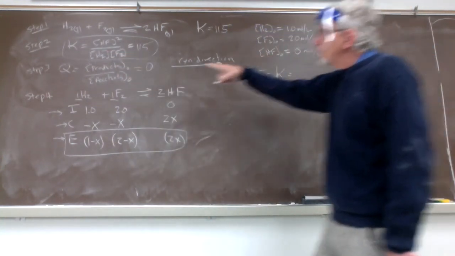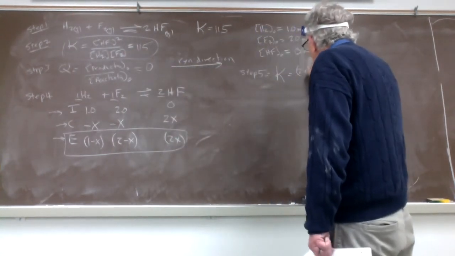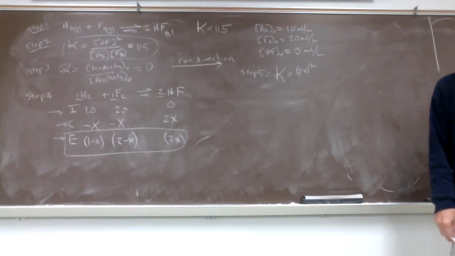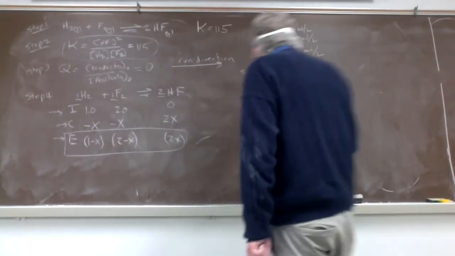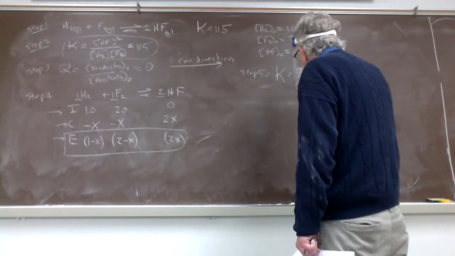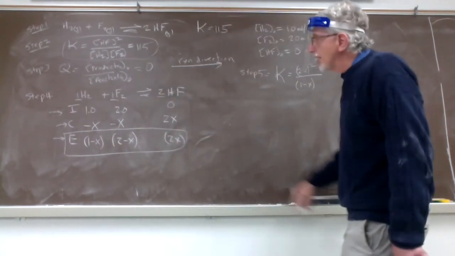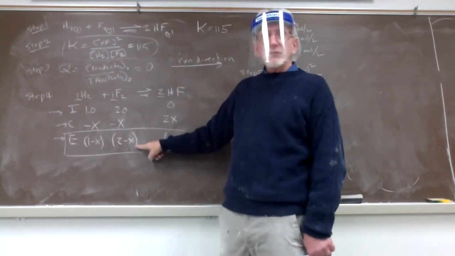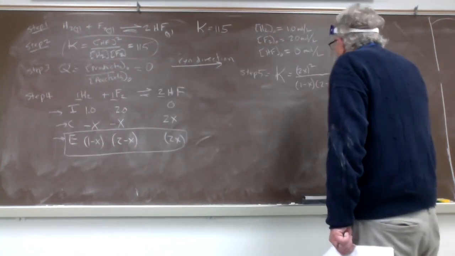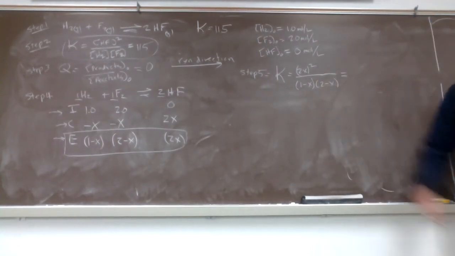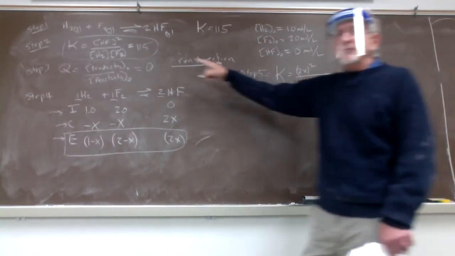So we have the concentration of HF, it's 2X. Don't forget the square. Divided by the concentration of H2, which is 1 minus X. And divided by the concentration of fluorine, F2, which is 2 minus X. And what must the ratio of those terms be equal to? 115.